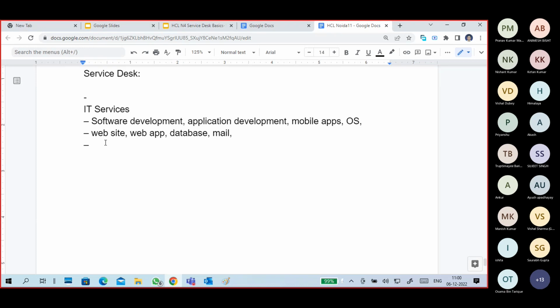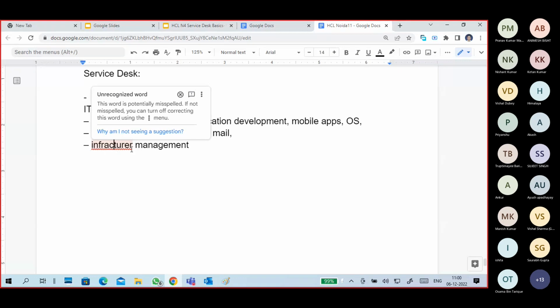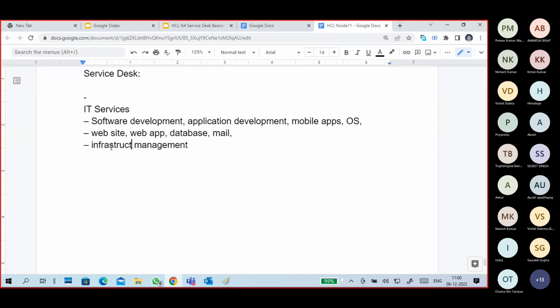Next level, infrastructure management. I know there is a spelling mistake. The big one is infrastructure. What is the meaning of infrastructure?